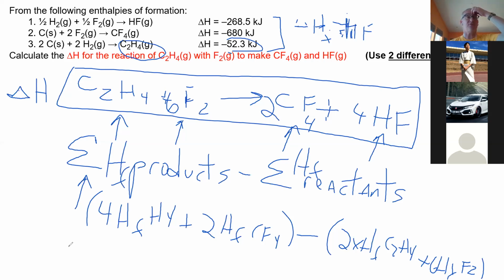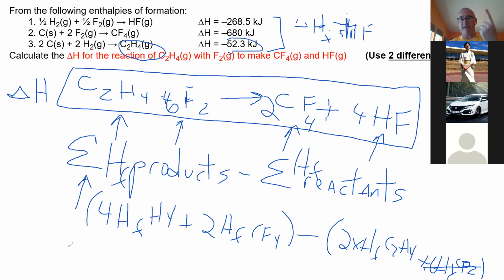Like the most stable form of oxygen is O2. It takes energy to form either O by itself or ozone, O3, because they're not the most stable form. So the most stable forms are F2, H2, O2, N2. So this is 0, and we don't actually need that.